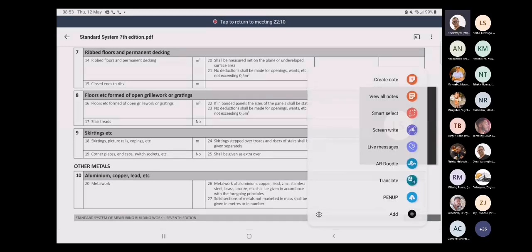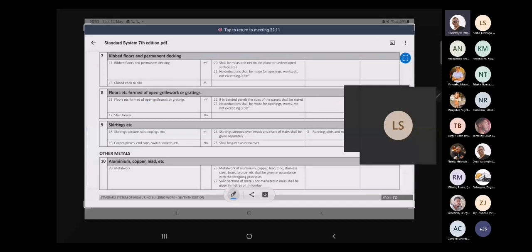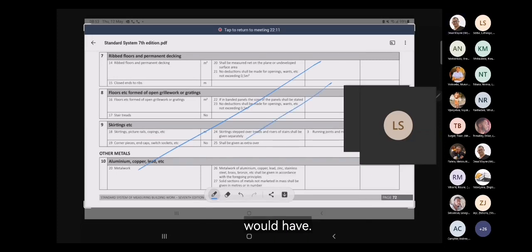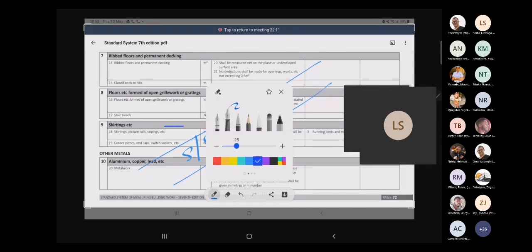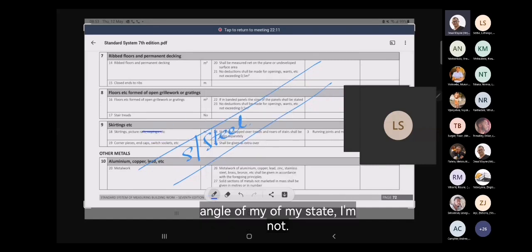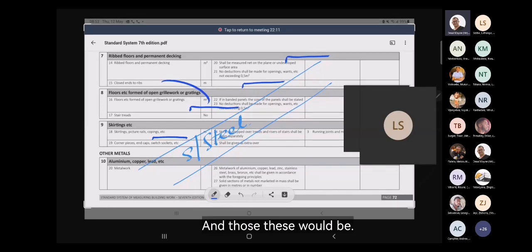So generally with metal stairs, we would have something like a structural steel, and then we would, in all probability, have these as my treads.